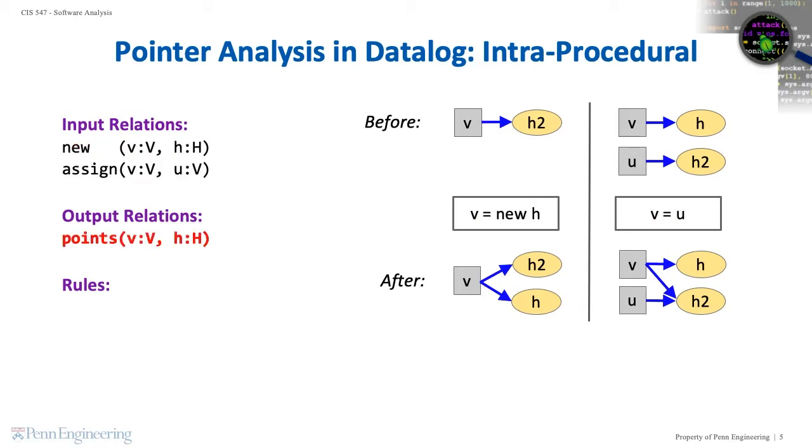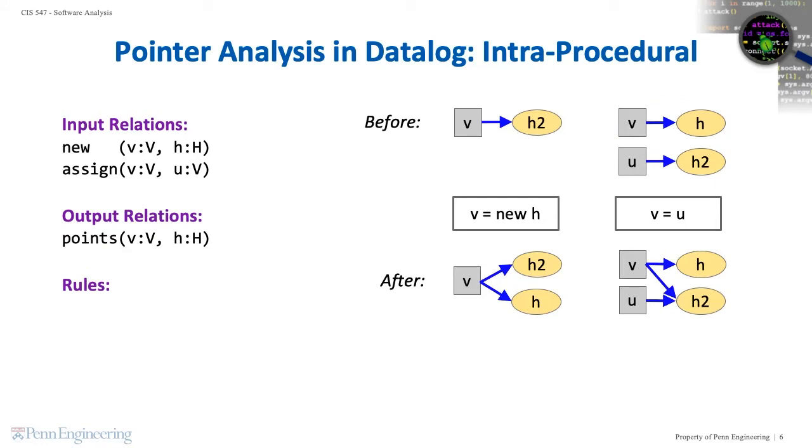The output relation generated by the pointer analysis is of the form points(v, h), meaning that the variable v may point to an object allocated at the site labeled h.